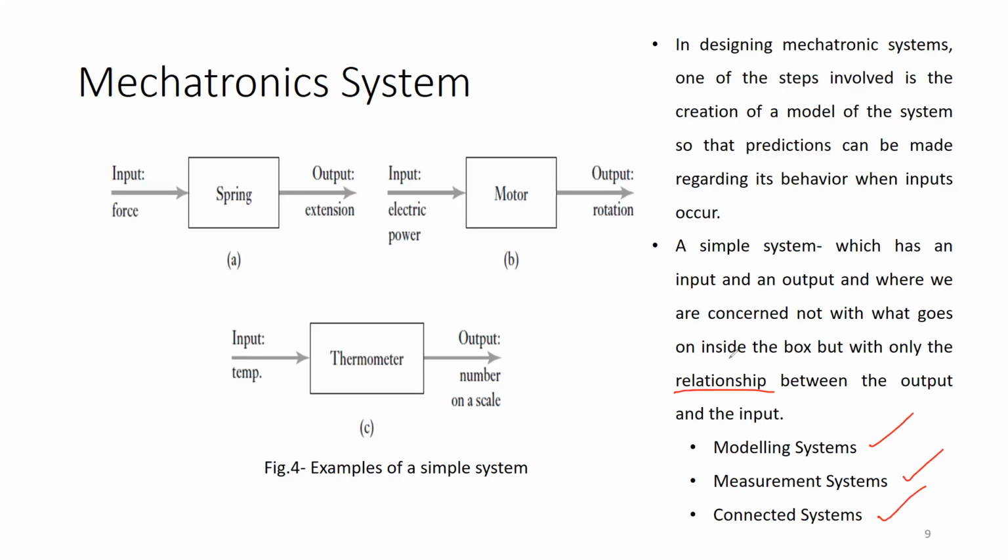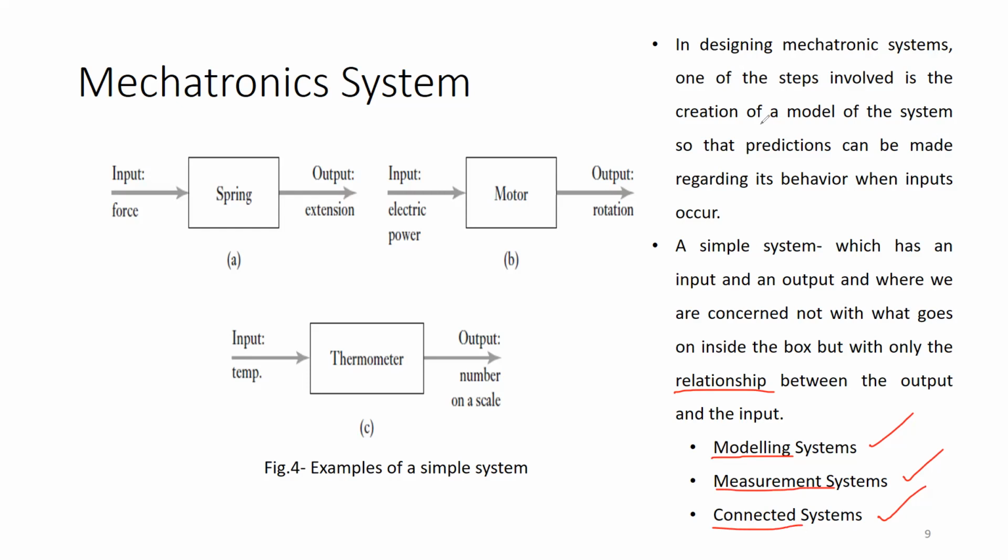The simple systems can be divided into three parts, and this division is based on the type of relationship present between input and output.